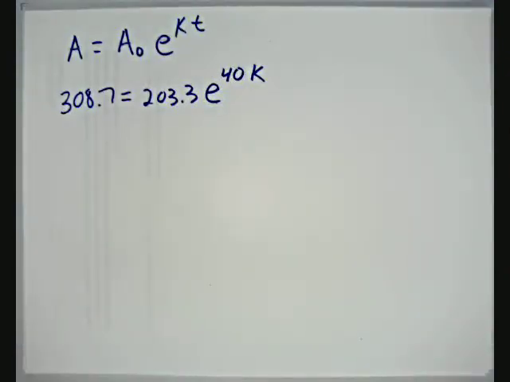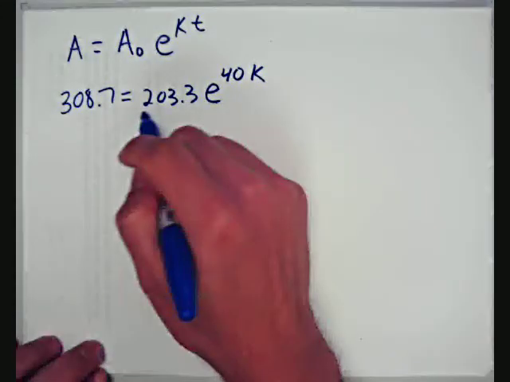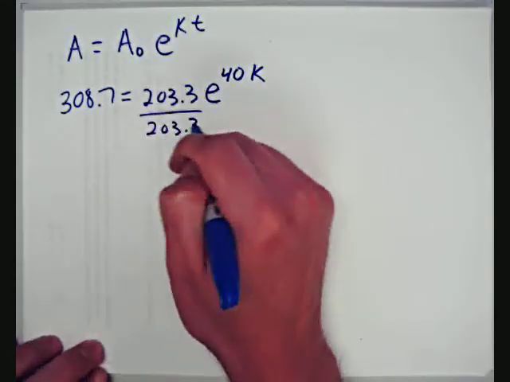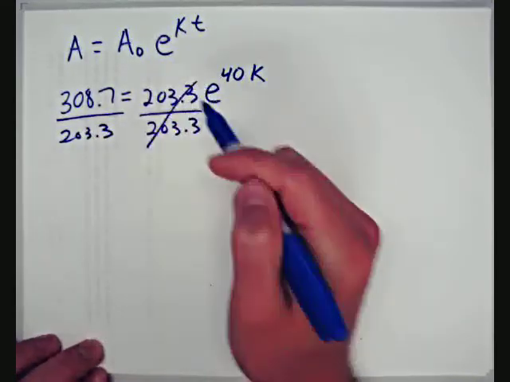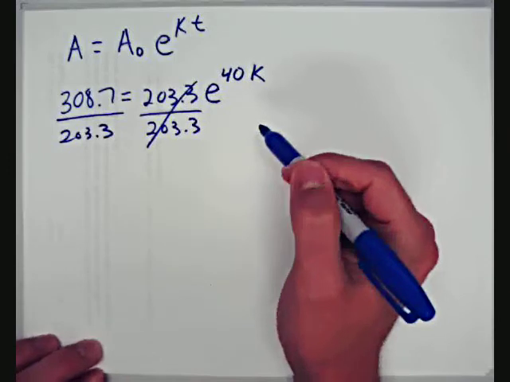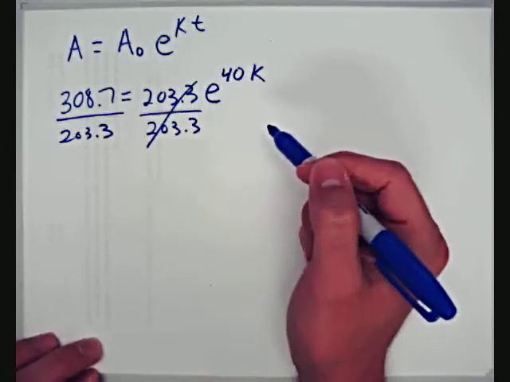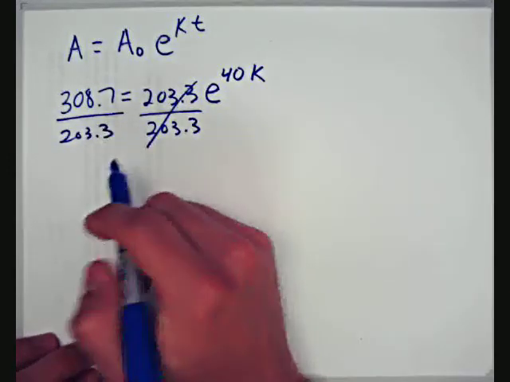In order to solve for k, this is an exponential equation, and we need to get the exponential alone. So first thing is to divide both sides by 203.3. Since that will lead us to a decimal, and we want to avoid as much rounding as possible, let's leave this as a fraction.